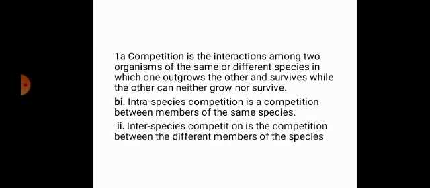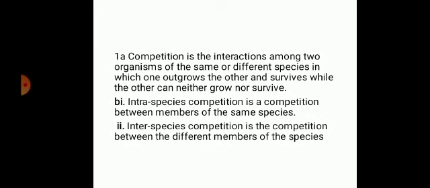They are the same species, so they can compete among themselves. So those are the examples of intraspecies competition, a competition between two members of the same species. Then we have another one, interspecies competition.